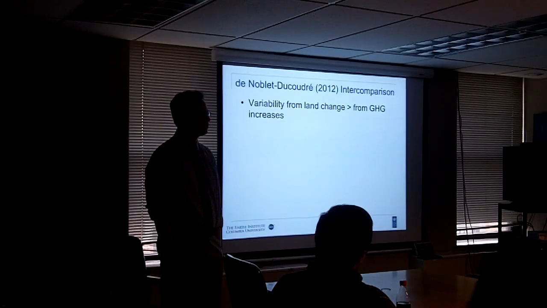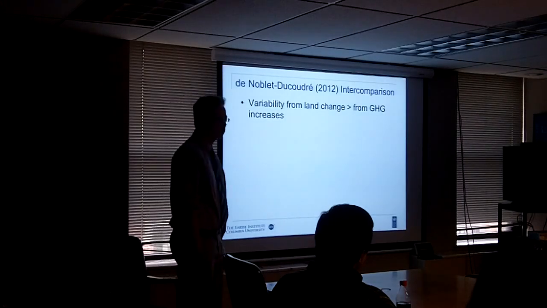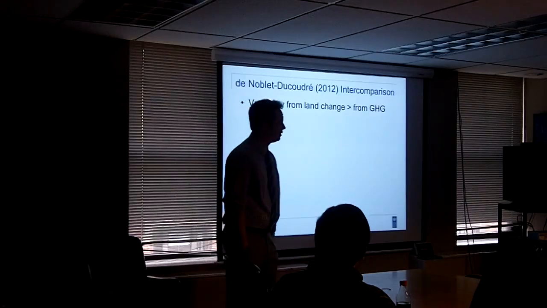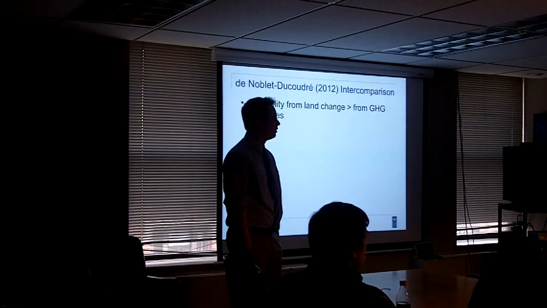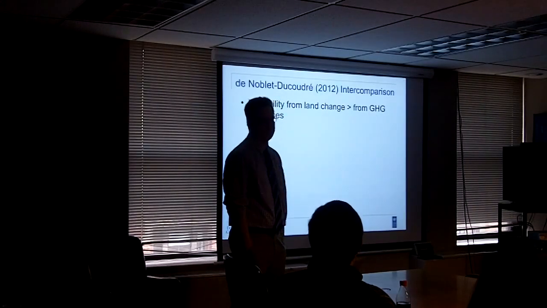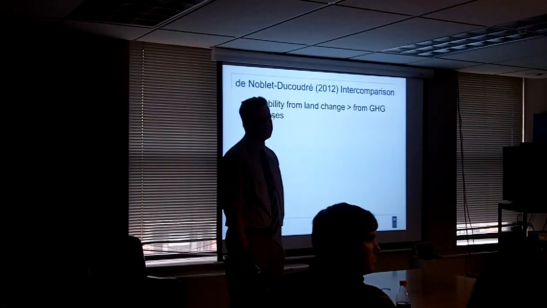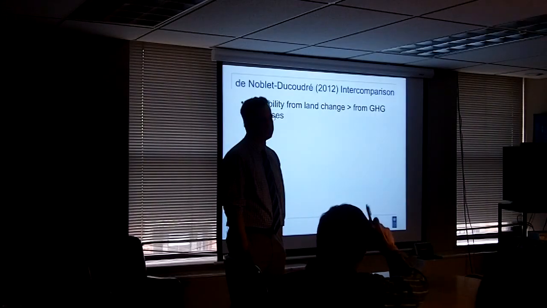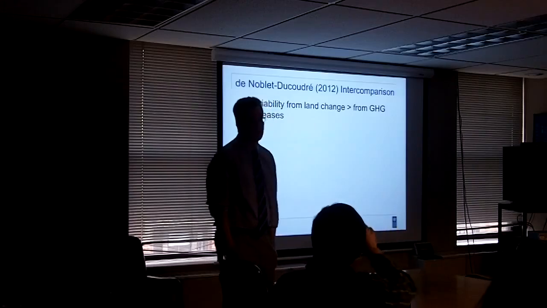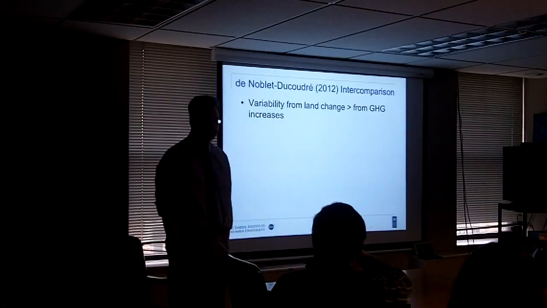I don't know, but they may not explicitly. No one tells you. So they ran it without greenhouse forcing, just with the land use changes, and that's how they're getting this variability?